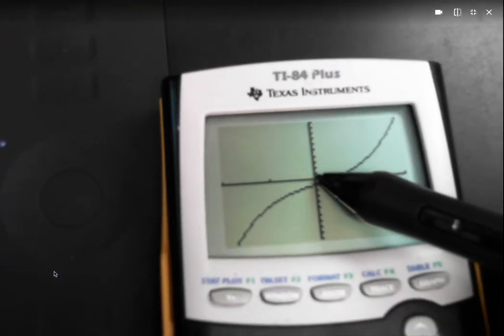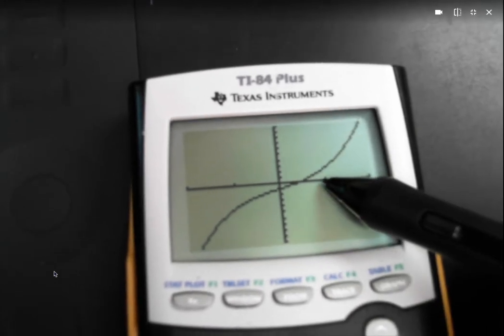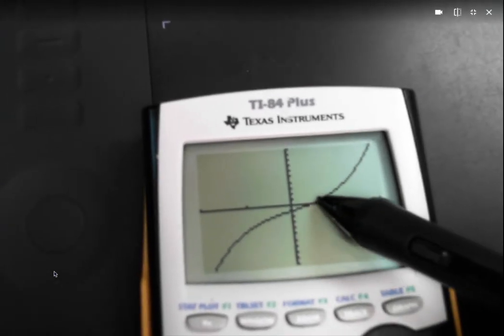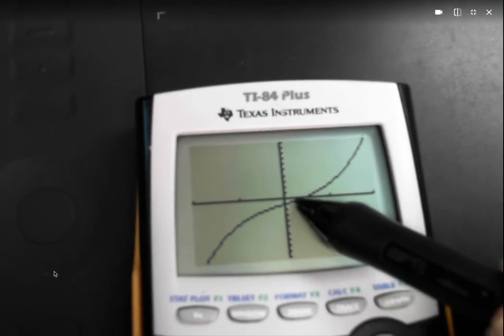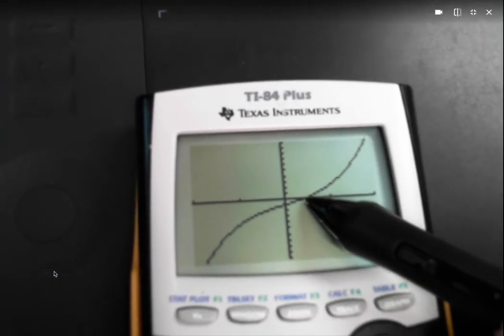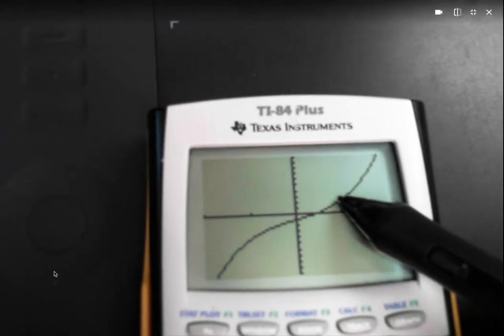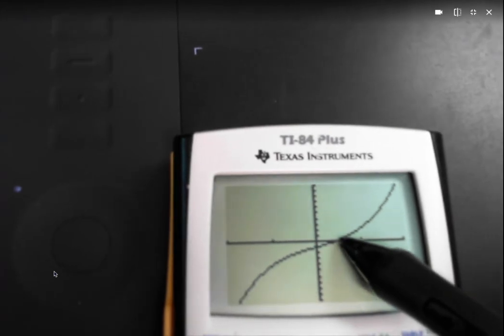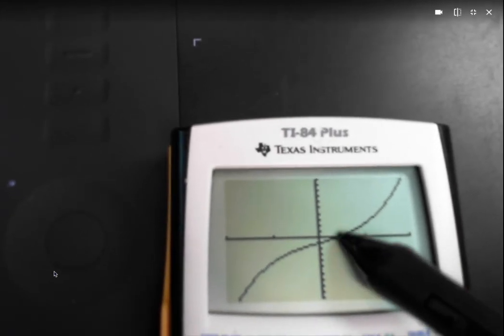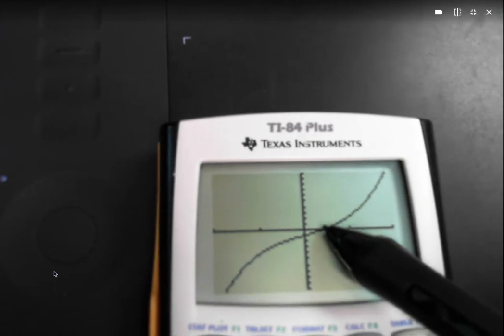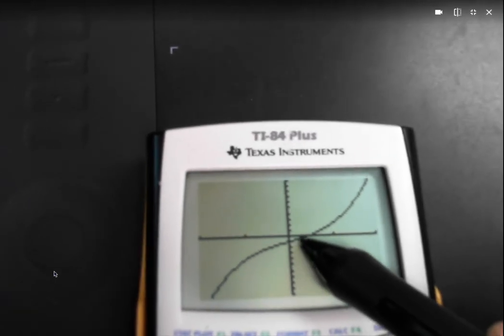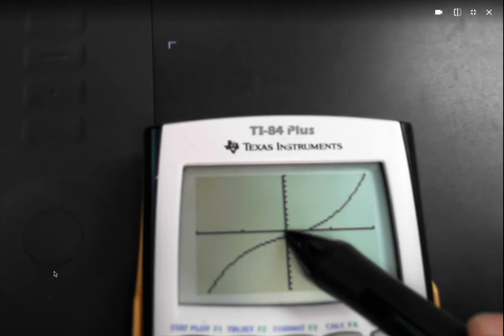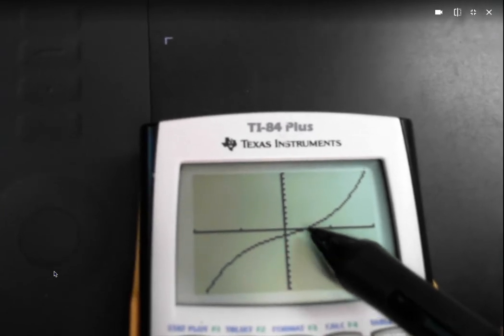Here's 0 on my graph, and here's 1 on my graph. So between 0 and 1, this function is right here. Between 0 and 1, that's the function. So the question asks, show that there's a 0 between 0 and 1. And if you look, the 0 is right there where y is 0. When we look on the graph, y 0 is right there. So the 0 is about right there. So there is a 0. We can see it on the graph.